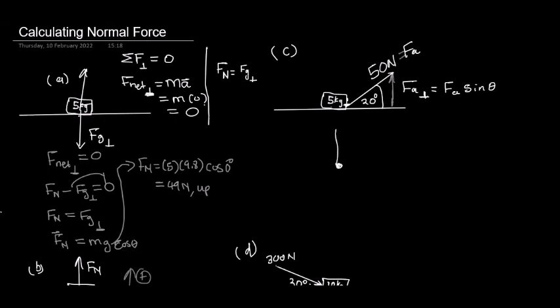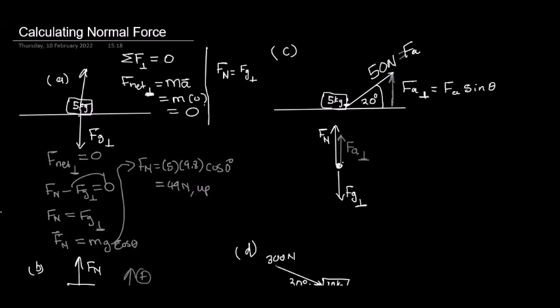You're going to have your normal force, you're also going to have the perpendicular component of the applied force, and then you're going to have a downward force, which is the force of gravity, or rather the perpendicular component of gravity. So we have all these forces.